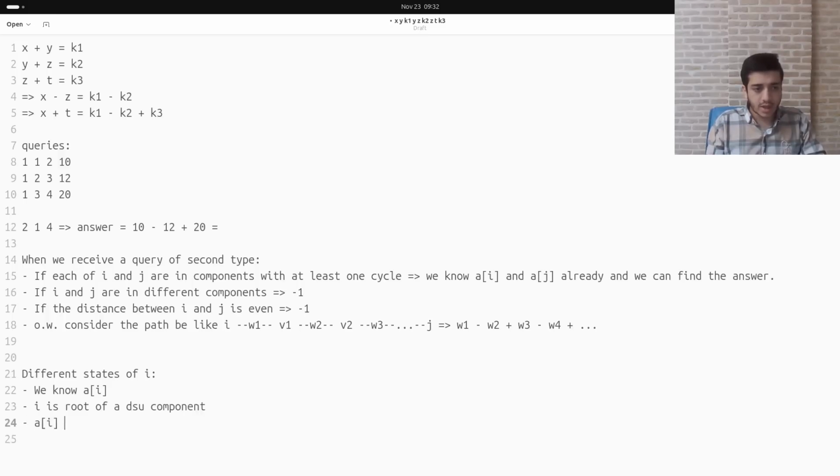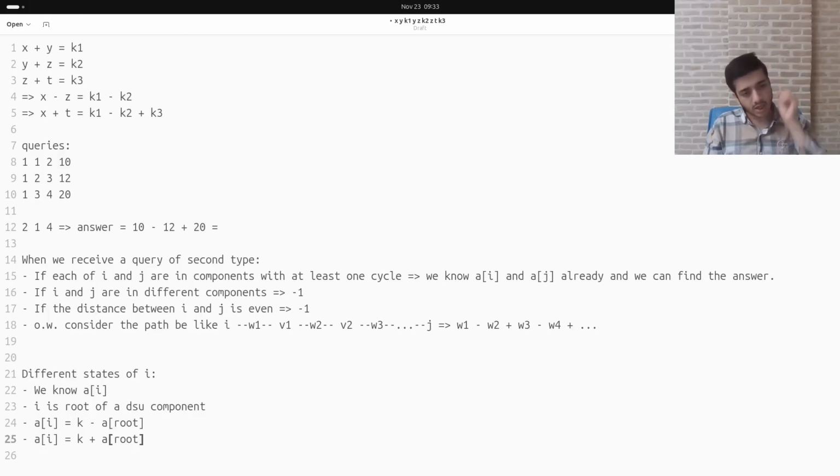Otherwise, A_i is k minus A of root, or A_i is k plus A of root. So always it's going to be one of these cases.